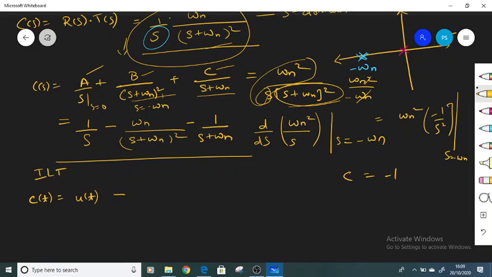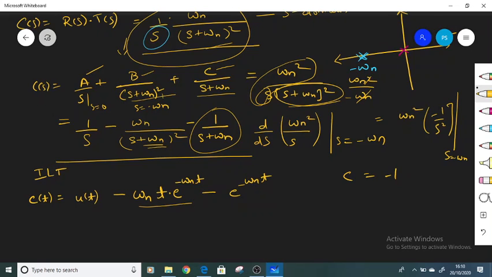As omega n is a constant, and (s plus omega n) the whole square is of the 1 by s square form, it will be t, but as s plus something is added, it will be multiplied by e to the power minus omega n t. So the inverse Laplace is omega n into t into e to the power minus omega n t, minus the inverse Laplace of 1 divided by (s plus omega n), which is e to the power minus omega n t.